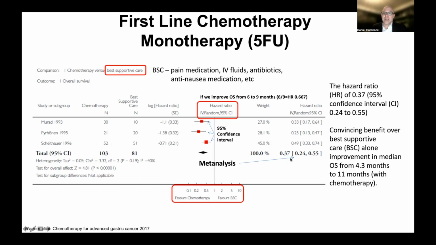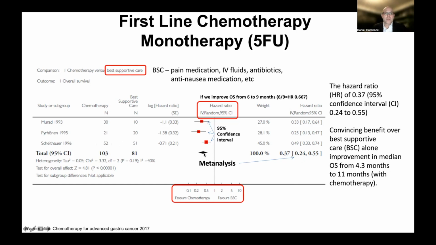And ultimately, a more precise estimate of the hazard ratio and usually a more narrow range of the 95% confidence interval is obtained. The reason one would do a meta-analysis here is because each of these are relatively small studies, but together it's a little bit larger and we can be a little bit more confident with the result.